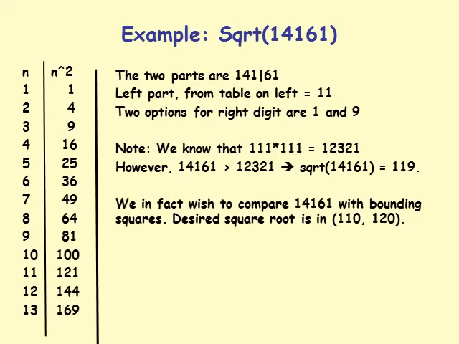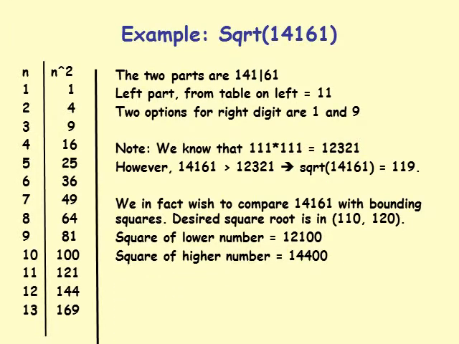Let's continue here. We in fact wish to compare with the bounding squares. The desired square root is between 110 and 120, and we are not using either of them. So the square of the lower number is 12100, and 14161 is larger than that for sure.